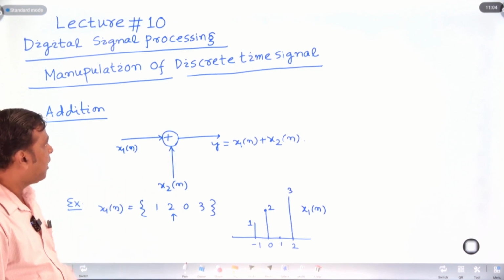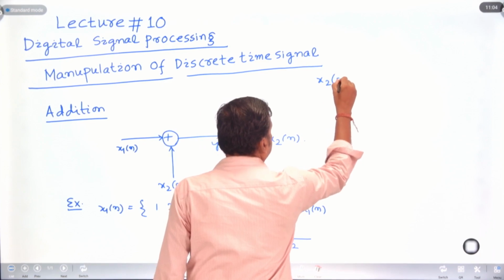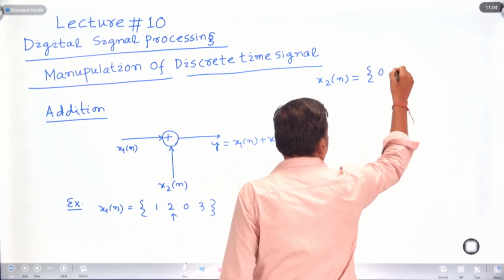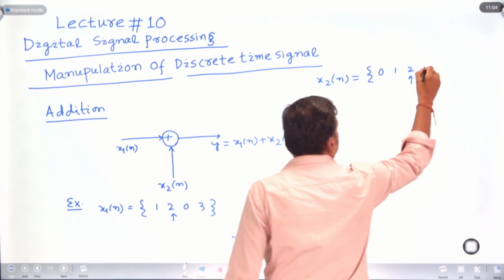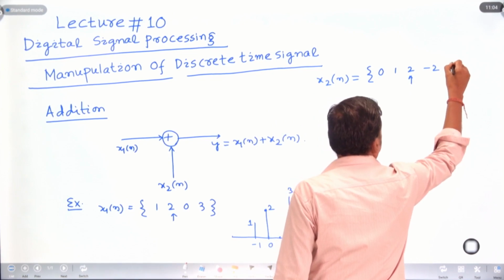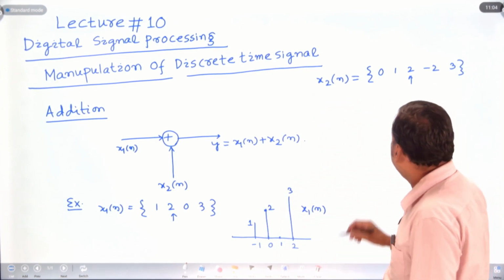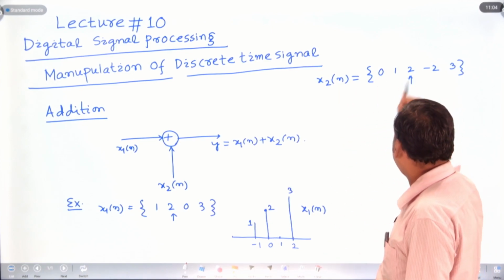Similarly, let another signal x2 of n equal 0, 1, 2, minus 2 and 3. This is x2 of n, and in sequence representation the discrete signal x2 of n can be represented like this.